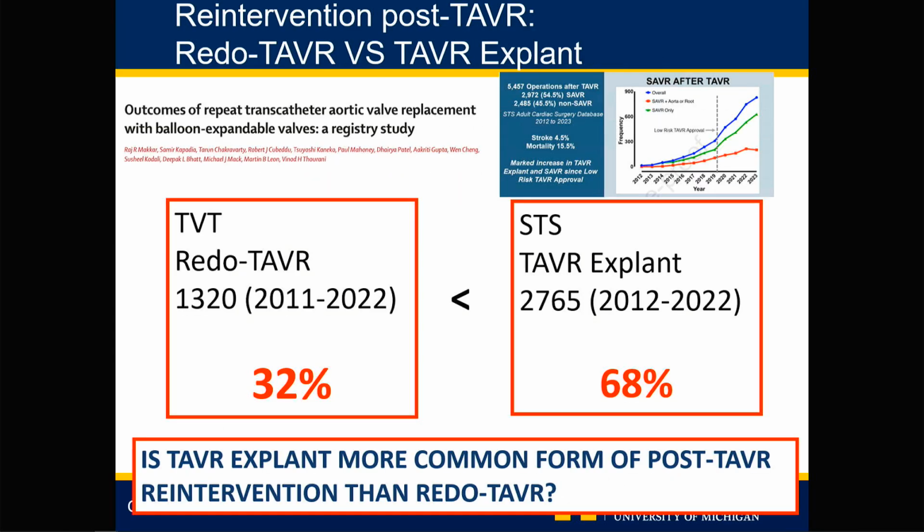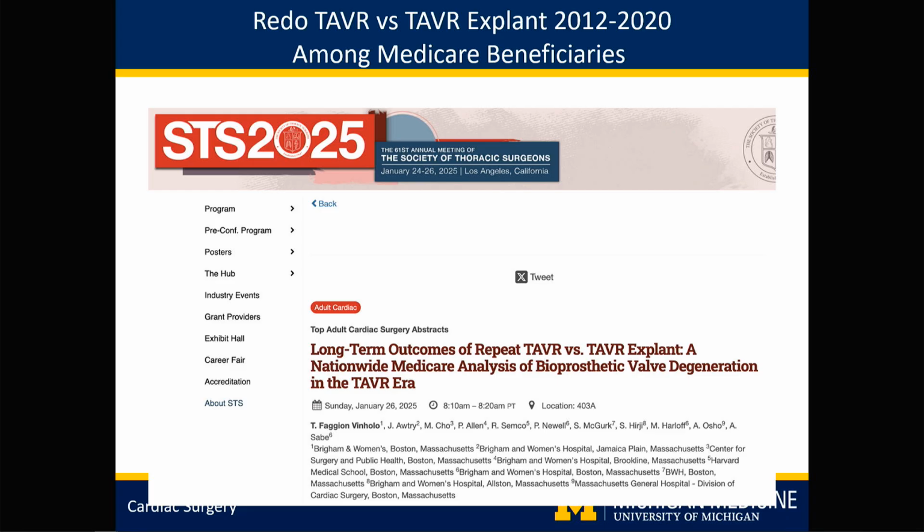But if we carefully look at the number of those procedures, this TVT redo TAVR had 1,320 cases in the same period, while STS TAVR explant had 2,700. So is TAVR explant the more common form of post-TAVR reintervention than redo TAVR? Again, we are comparing apples and oranges, but this is just what's happening, possibly.